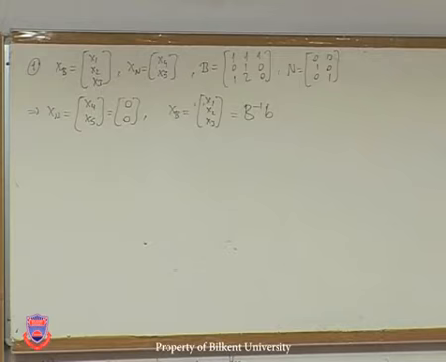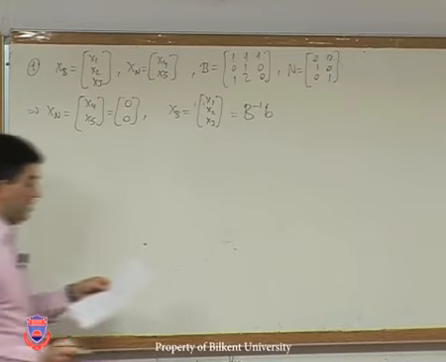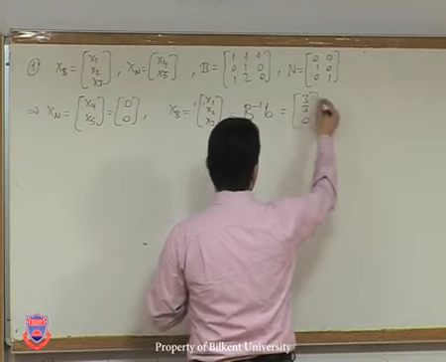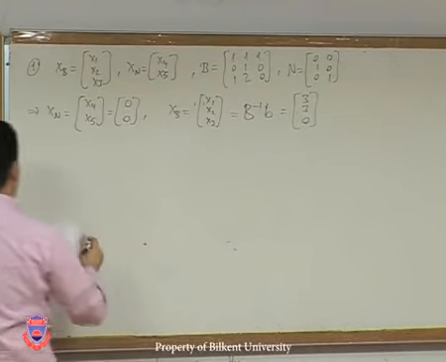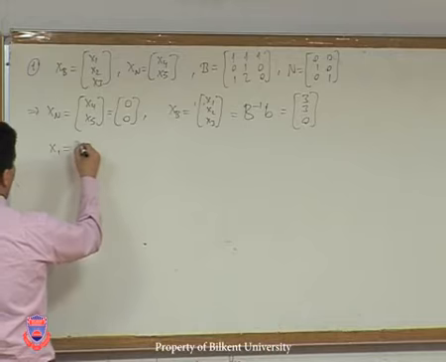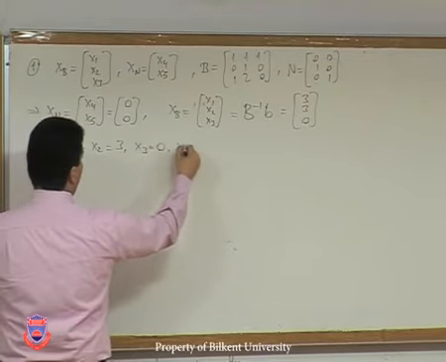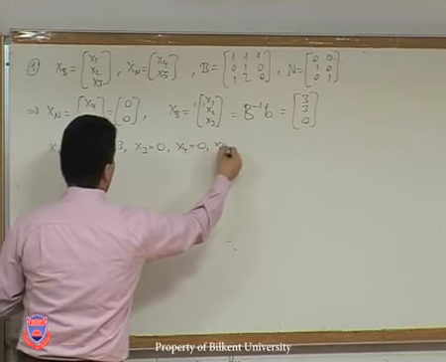If you solve for this system, if you invert B and multiply by little b, you get 3, 3, 0. So the corresponding solution is x1 is equal to 3, x2 is equal to 3, x3 is equal to 0, x4 is equal to 0, and x5 is equal to 0.